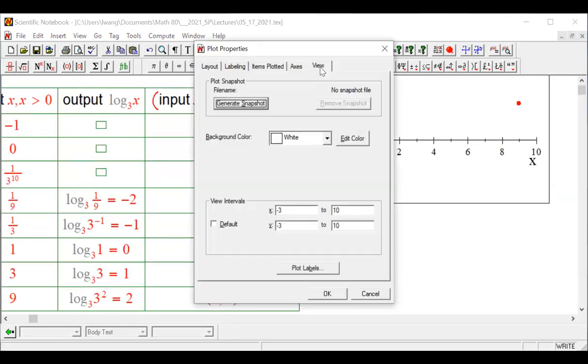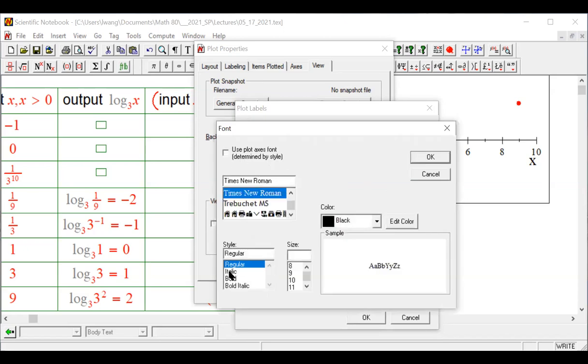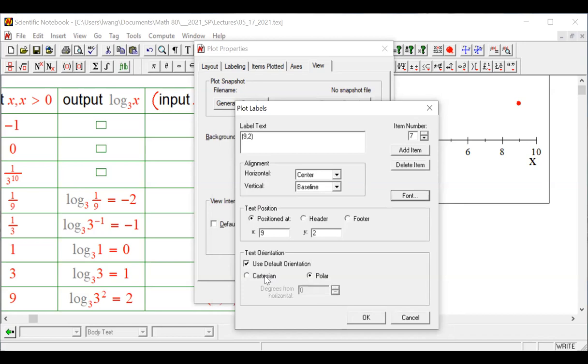So let's mark that point. 9,2: input 9, output 2. We're going to have the fonts red, at 45 degrees.